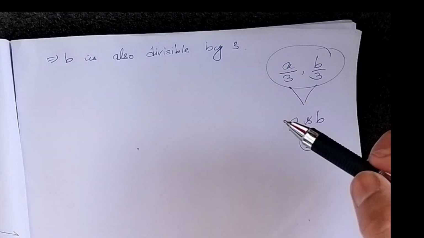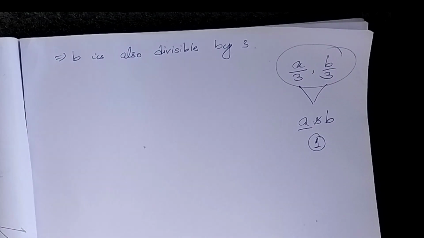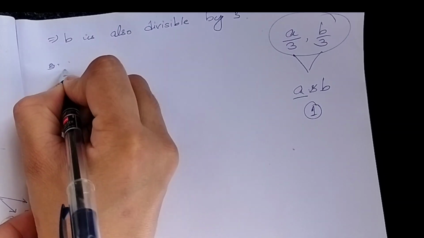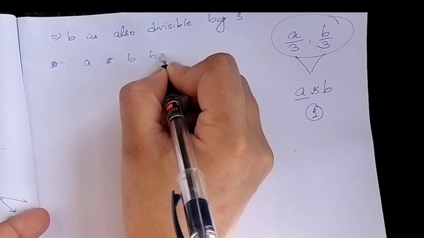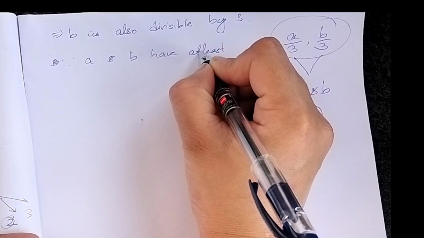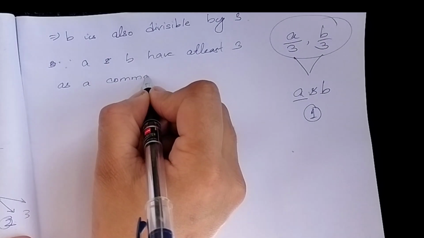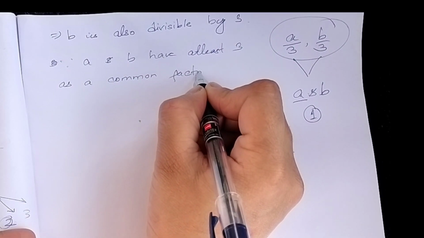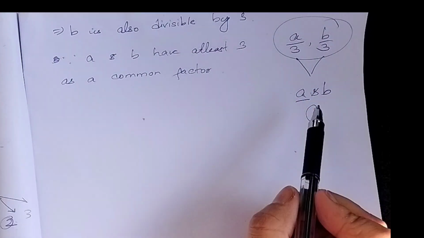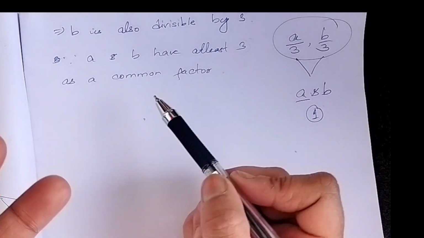That means there are common factors other than 1 also. So what we can say from here is that since a and b have at least 3 as a common factor, but to be a rational number we need a and b to have only 1 as common factor. But here we can see that 3 is also coming as a common factor of a and b.